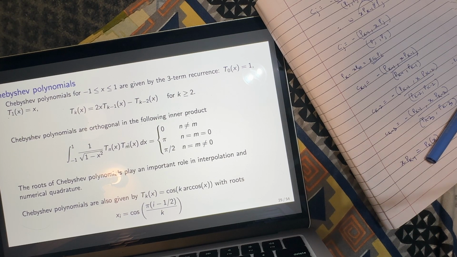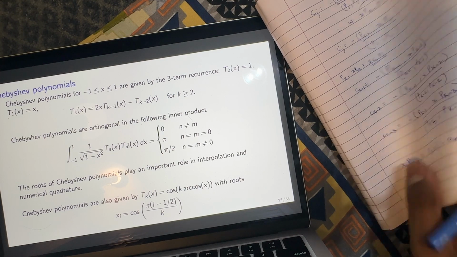By putting cos alpha equals x and viewing cos k alpha as a function of x, one is led to the polynomials Tk is cos k arc cos x.